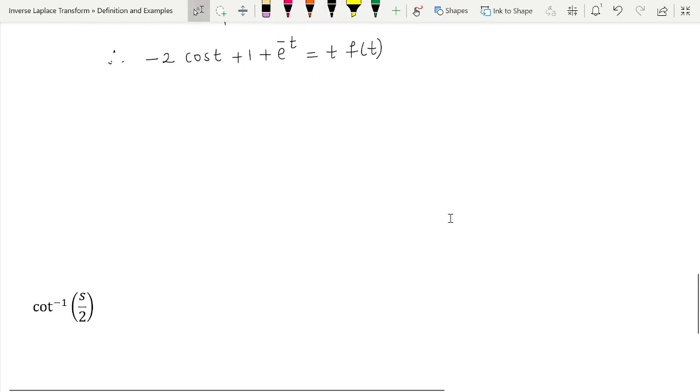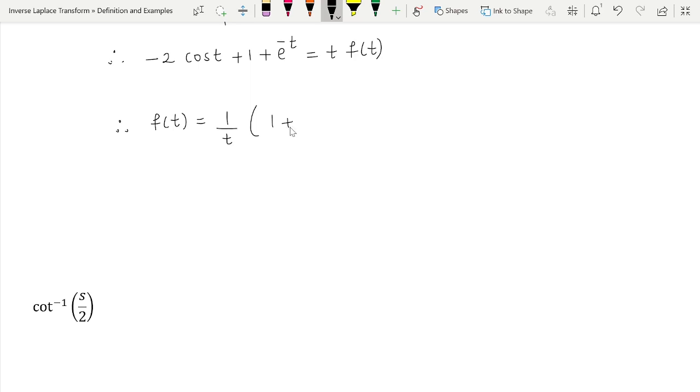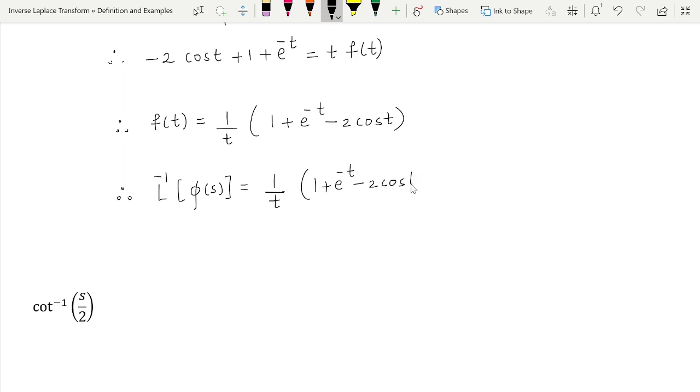And once you shift this t to the left hand side, your value of f of t will be equal to 1 upon t times the bracket 1 plus e raised to minus t minus 2 cos t. Therefore L inverse of phi of s is nothing but 1 upon t times 1 plus e raised to minus t minus 2 cos t, and that is exactly what we wanted to find.